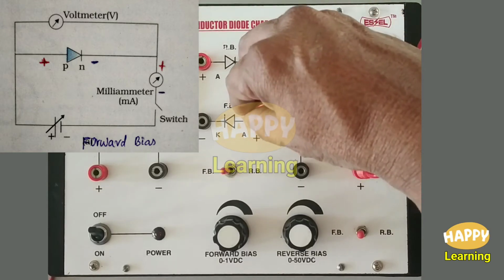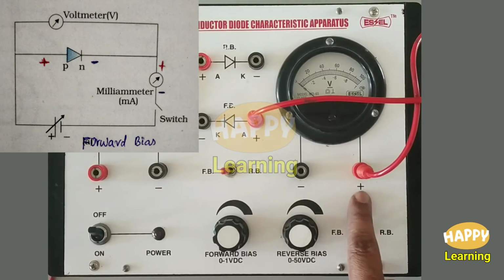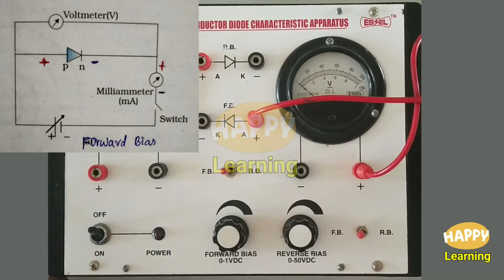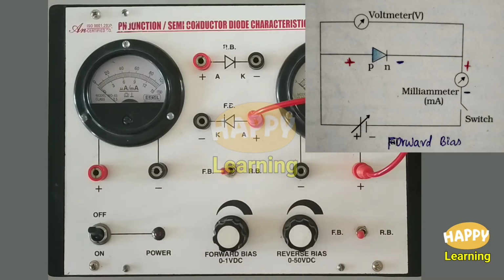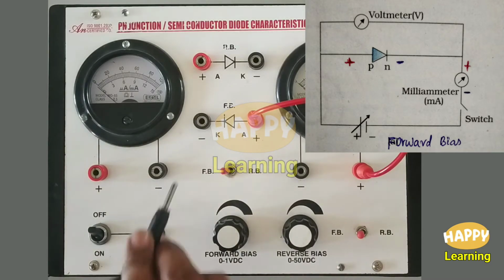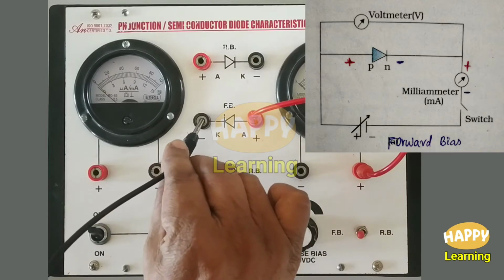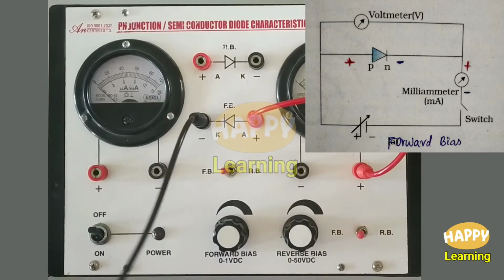And now from the negative terminal, that is the N side of the diode, we connect to the positive terminal of the ammeter.